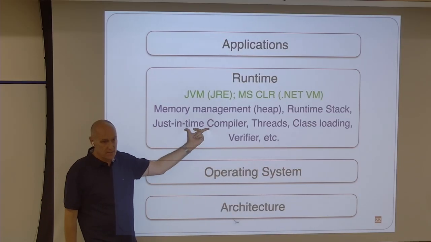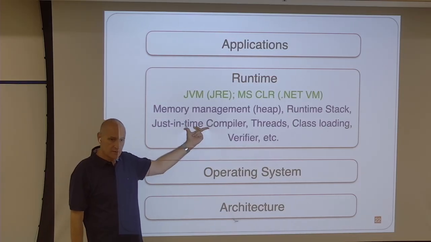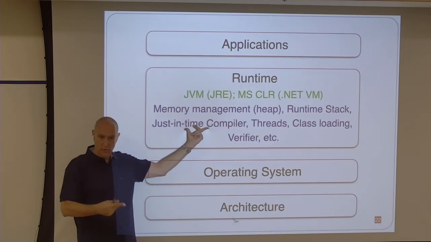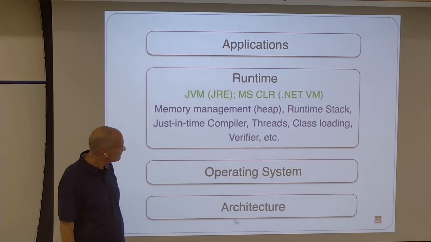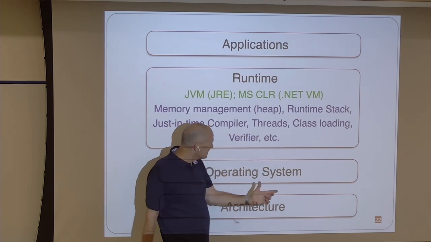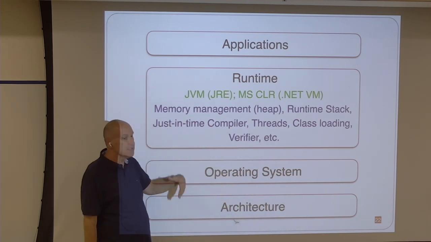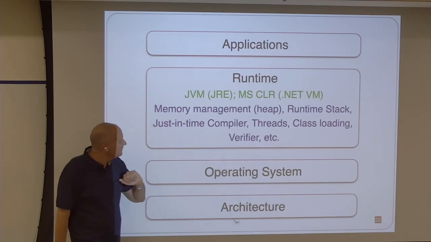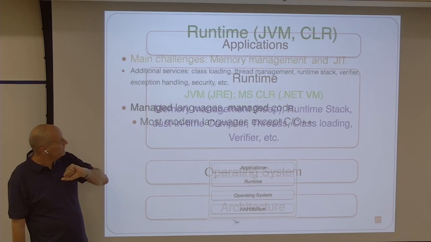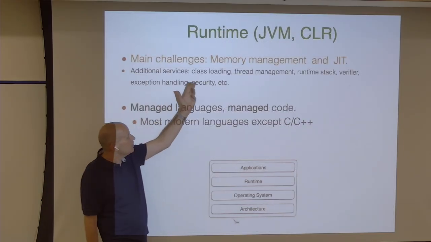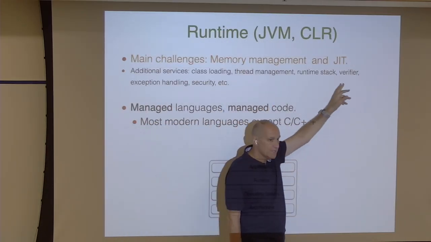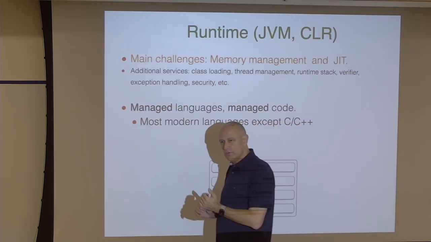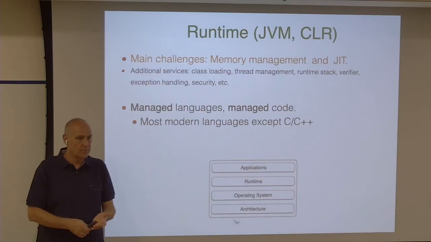This is because there is a JIT compiler that runs under your program and does these optimizations on code that you run a lot. Okay, and there are threads. Threads usually are run by the operating system, but sometimes the runtime tries to do better and more. But the two more important things and the challenges in the runtime are the memory management and the JIT, the just-in-time compiler.